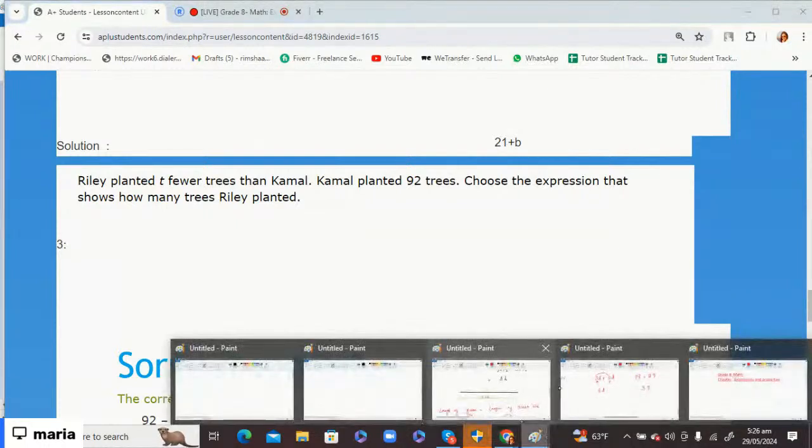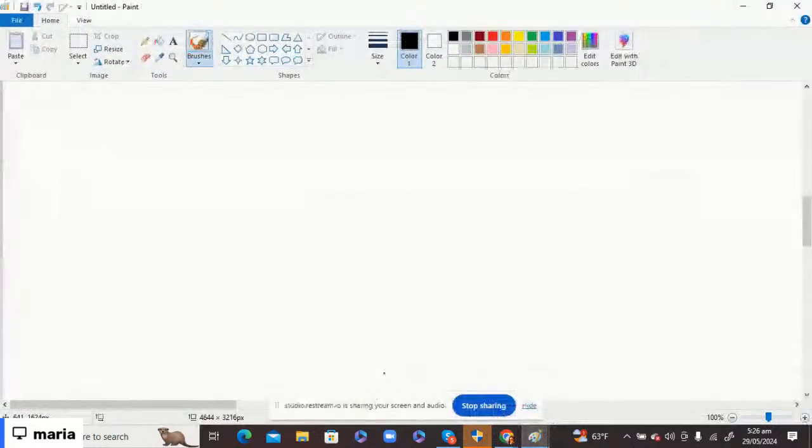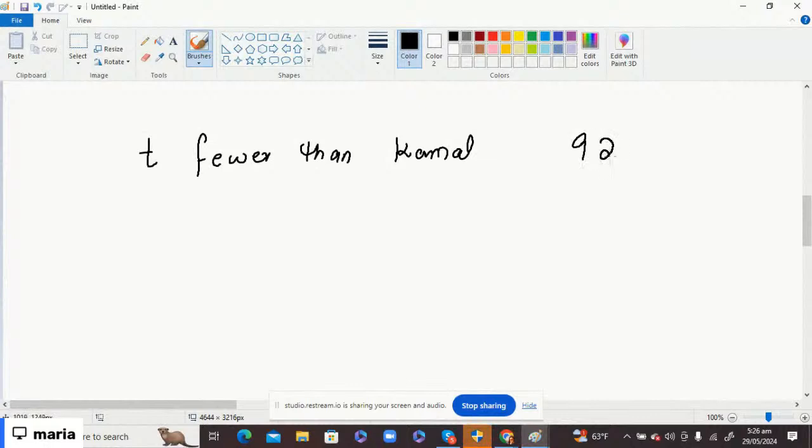How many basically did Riley plant? T, they are saying, fewer than Cameron. And how many did Cameron plant? 92 trees. So first we put 92 trees.